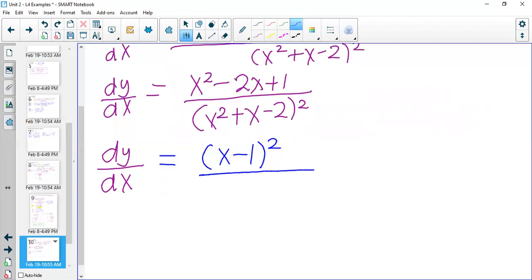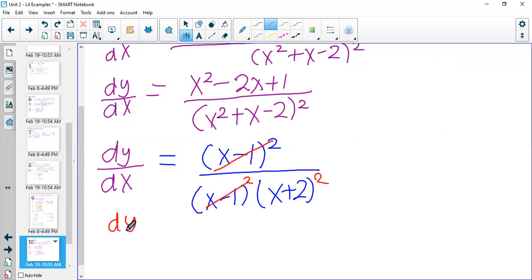I can factor x squared plus x minus 2 as x minus 1 times x plus 2, but we have to remember that both of them have the power of 2 here. Now x minus 1 squared can be canceled out of both. So my dy over dx is equal to 1 over x plus 2 squared.